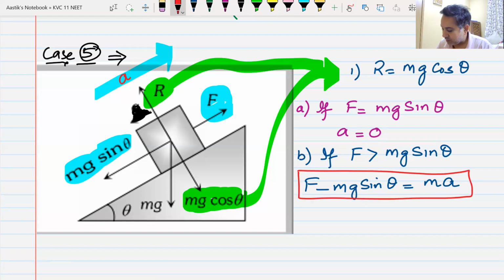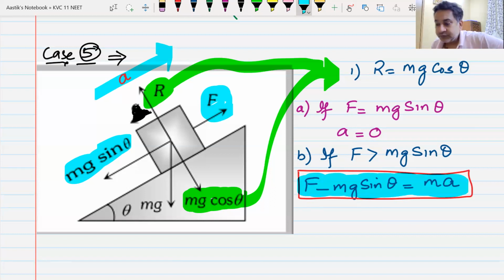This would be your blue case. Do you understand this blue case? Yes or no? Everyone? I'll give you 1 minute to note it down.